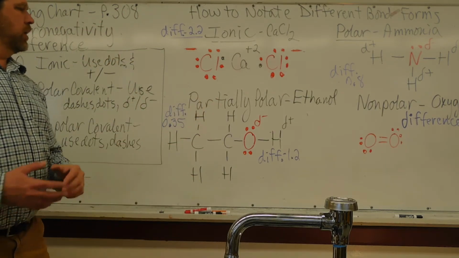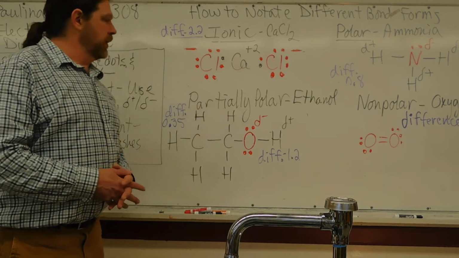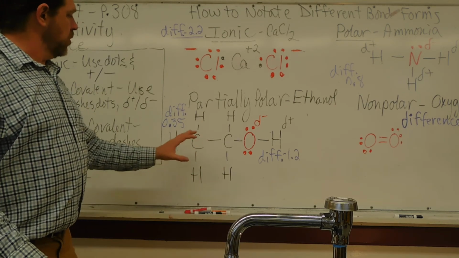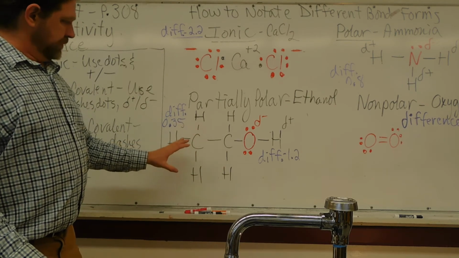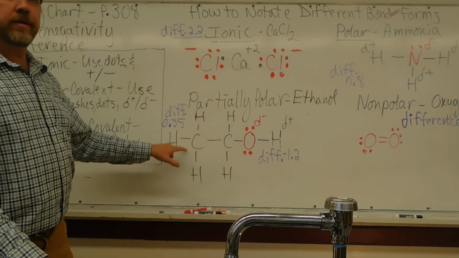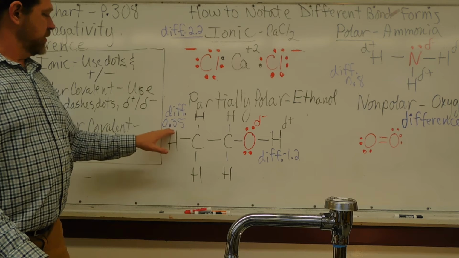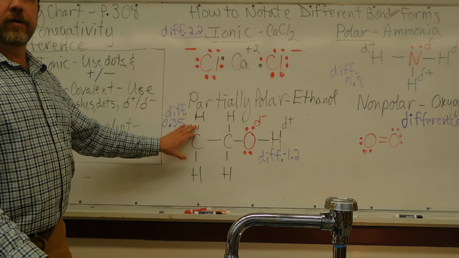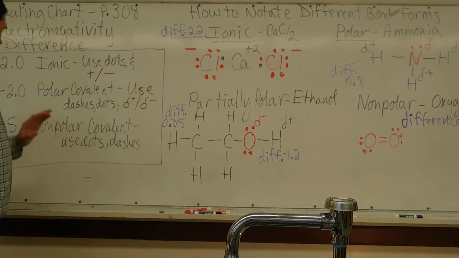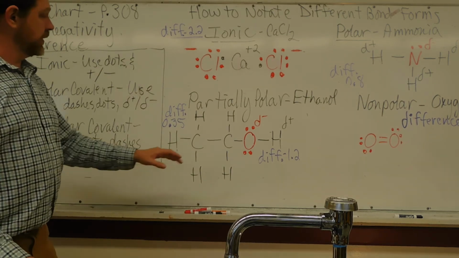When we get to complex molecules that may have polar and nonpolar character, we denote them accordingly. Ethanol, like all alcohols, has a nonpolar hydrocarbon side. The electronegativity difference on this end is very low between hydrogen and carbon, 0.35, putting it in the nonpolar covalent category.